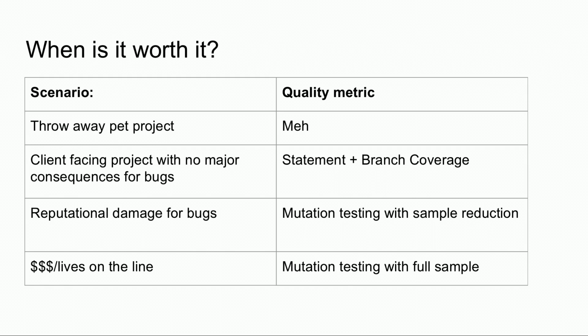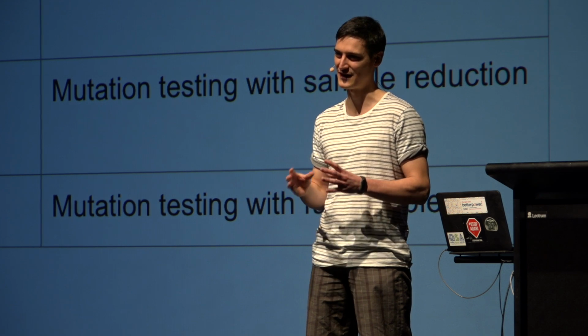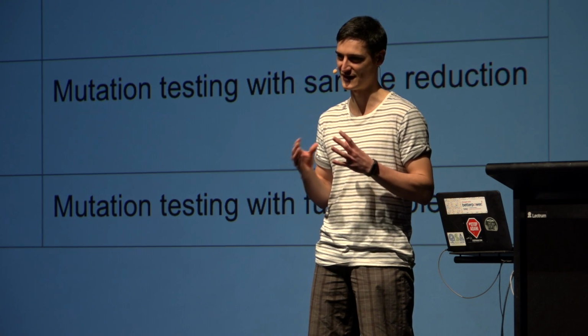But once you do have some users and people are paying money for it, then you probably should think about adding in tests to safeguard your app and make sure that it doesn't regress as it gets bigger.